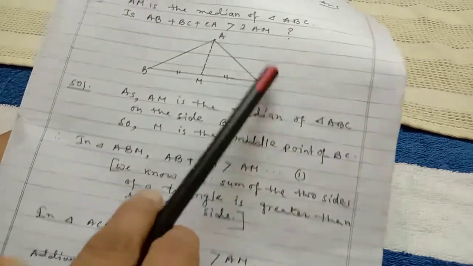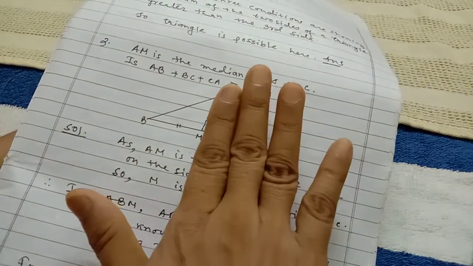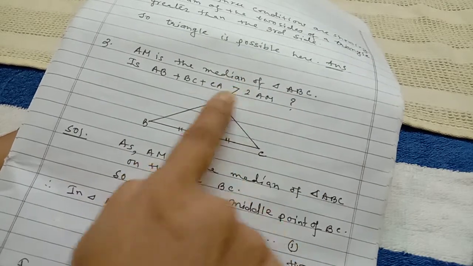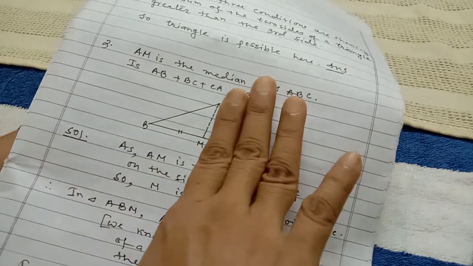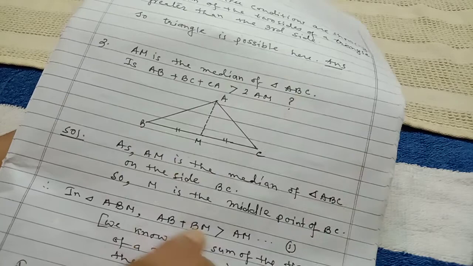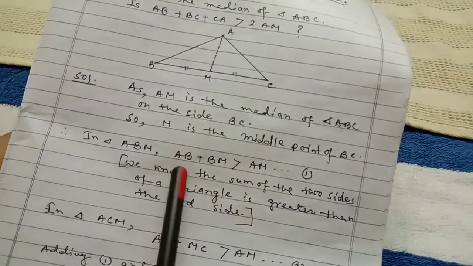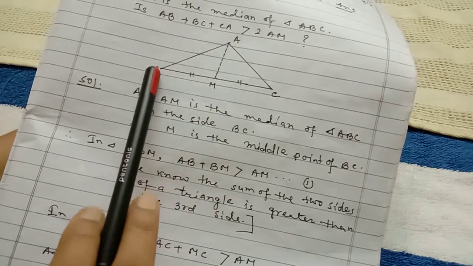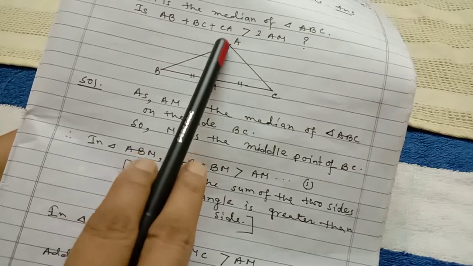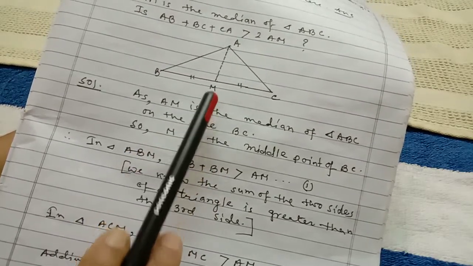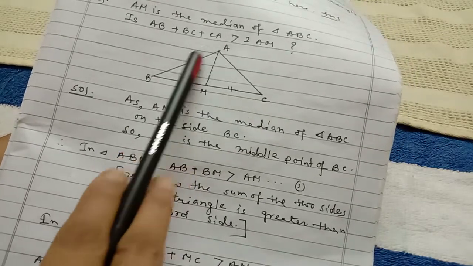Now in triangle ABM, first we will observe this triangle. In triangle ABM, AB plus BM is greater than the third side AM, as it is a triangle.